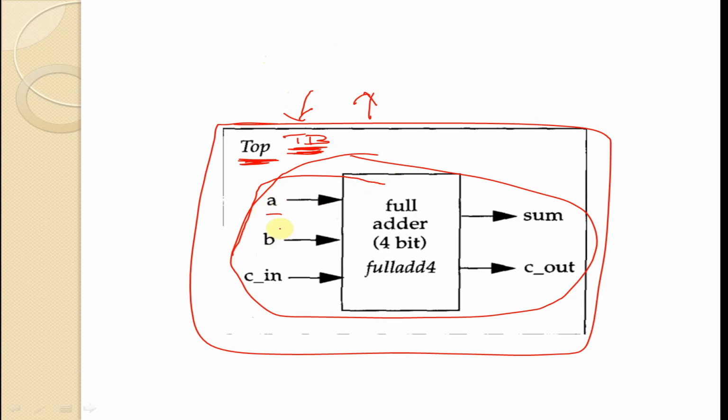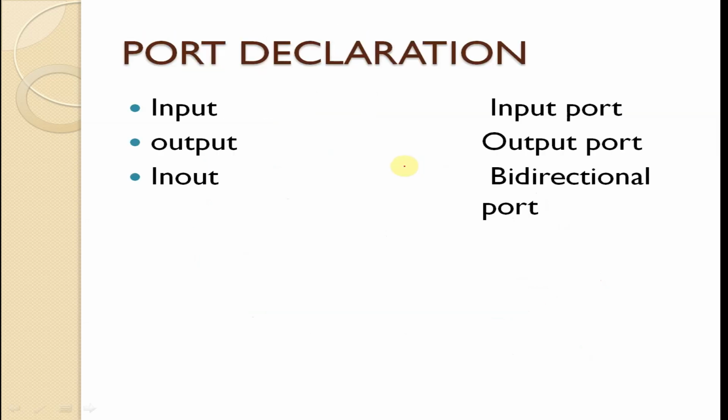We have 3 input ports A, B and C underscore in, and 2 outputs sum and C underscore out. So while developing the module for our full adder, we will take input ports as A, B, C underscore in and output ports as sum and C underscore out. Like this, we will design the module and declare the input and output ports.